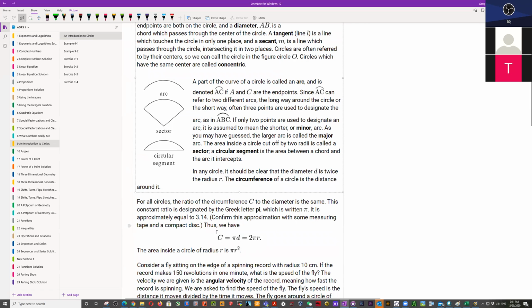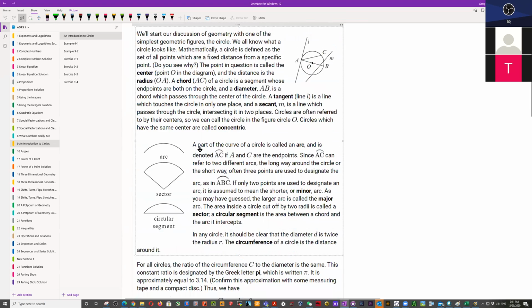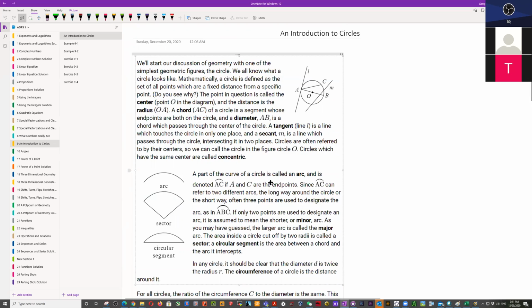So that's where this formula comes about. Then if you replace the diameter with 2r, C equals 2 pi r, and that's the circumference formula. Then also the area formula is pi r squared. So this is a much better introduction of the circle's terminology.